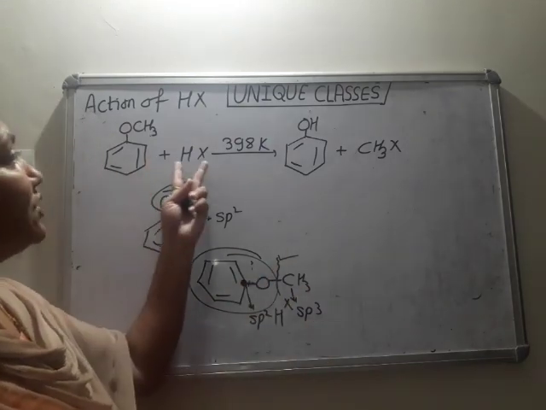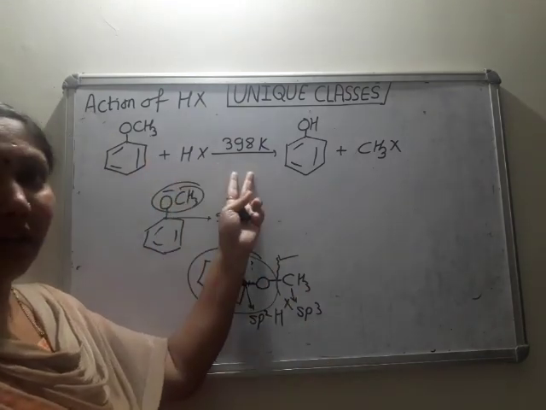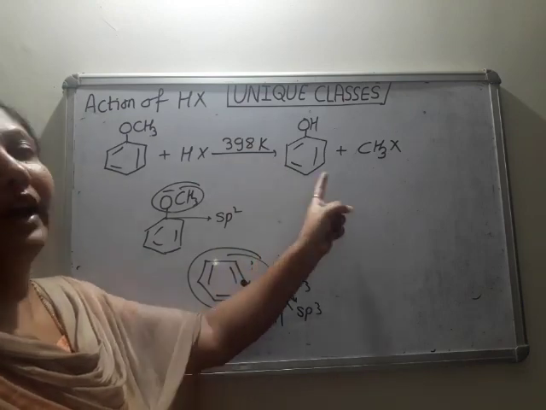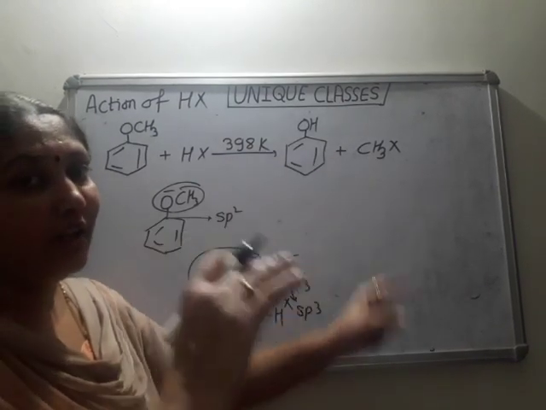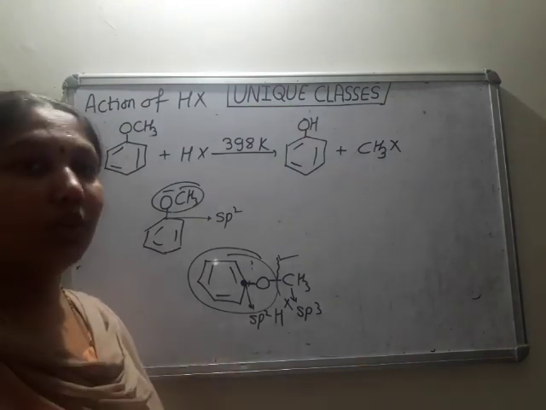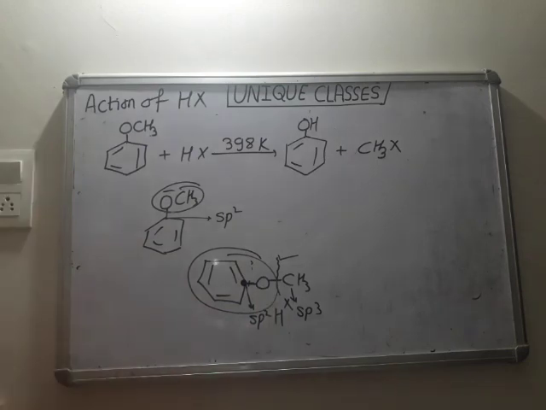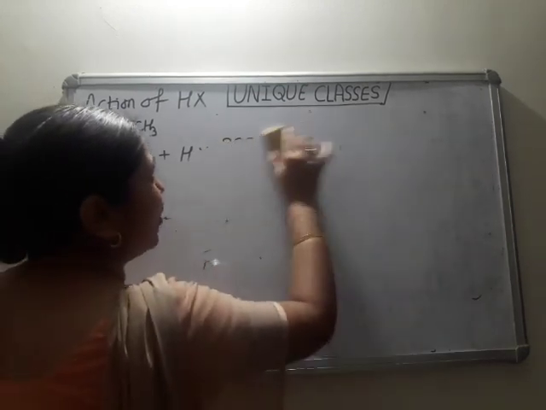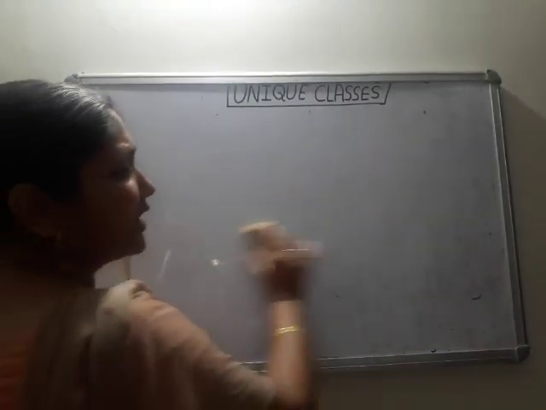When anisole is treated with HX at higher temperature, one product is phenol and the other product is methyl halide. Clear? So this is the action of HX on anisole. Now we will discuss some more reactions of anisole in the next lecture.